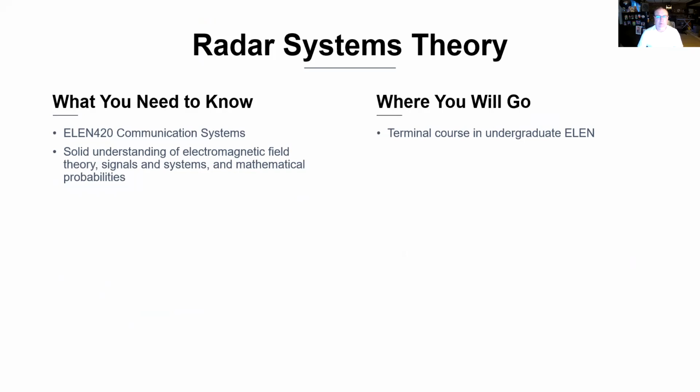So you also need a solid understanding of electromagnetic field theory, signals and systems, and mathematical probabilities. Because, in a nutshell, radar sends out a signal, bounces the energy off the target, collects up the energy, processes the signal, tells you different types of information depending on the function of the radar about the target and about what you detected. So it takes in a lot of different areas.